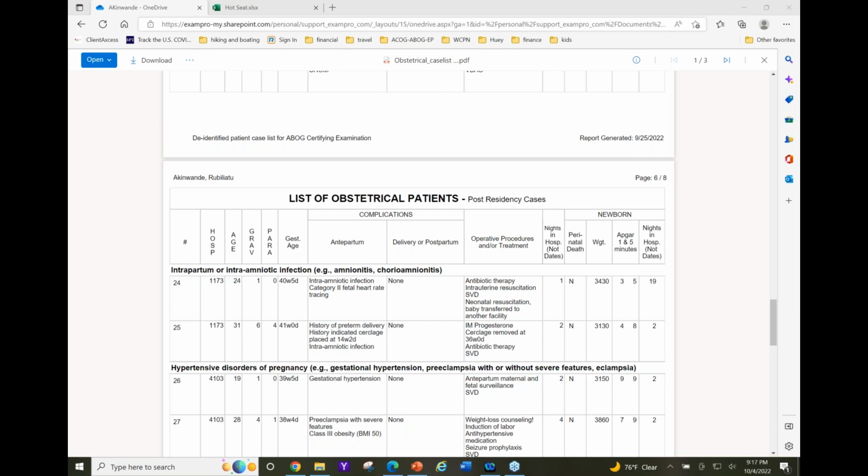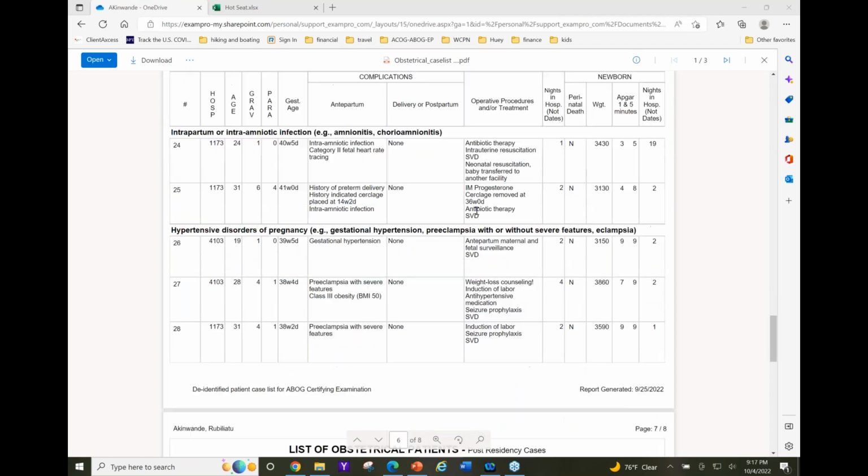Can you scroll up? It's not on the screen. Oh, I'm sorry. Tell me when you can see it. Okay, you can see it? Okay, good. So I have a couple of questions. Did this patient come in spontaneous labor?